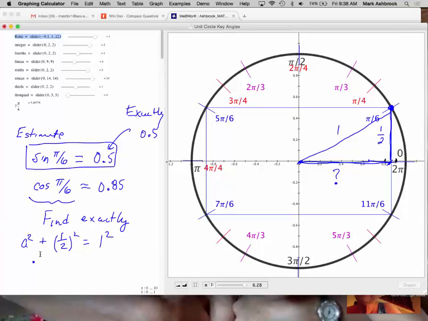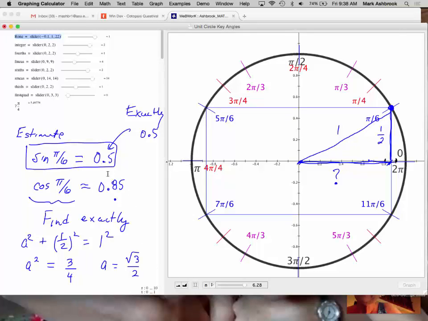Keep going. One fourth. Okay, so that's 1/4, and that's 1. So then a squared equals 3/4. 1 minus 1/4 gives 3/4. So a is? Right. Square root of 3/4 is square root of 3 over 2.